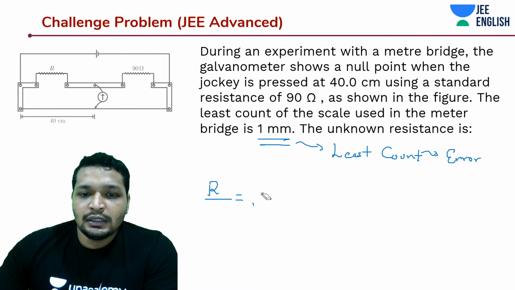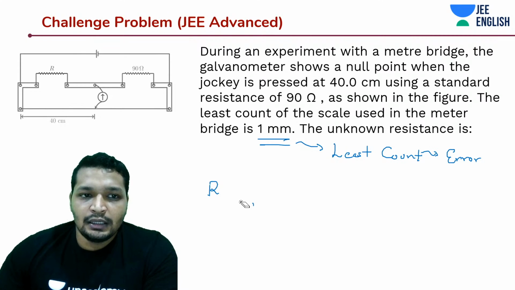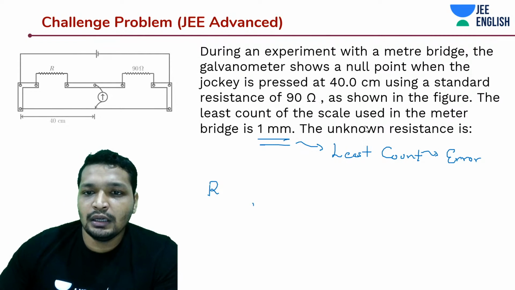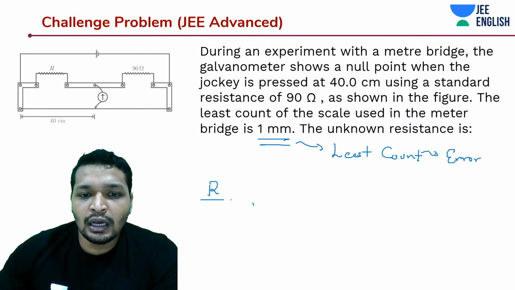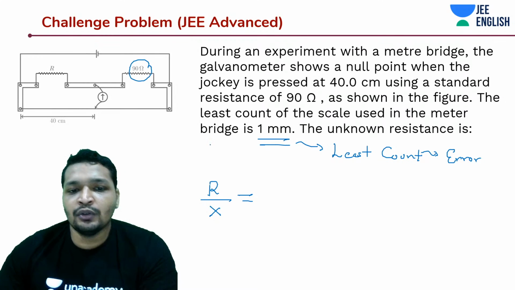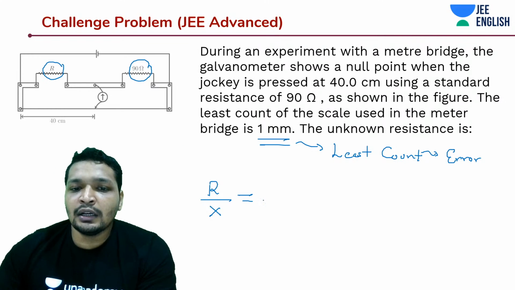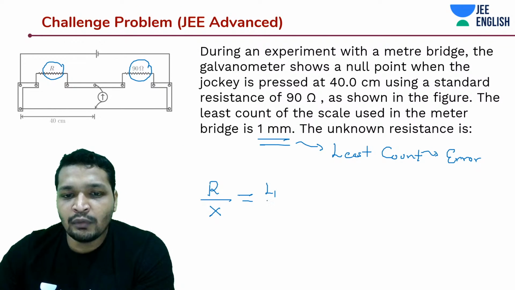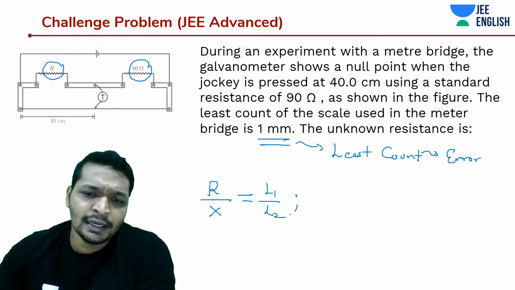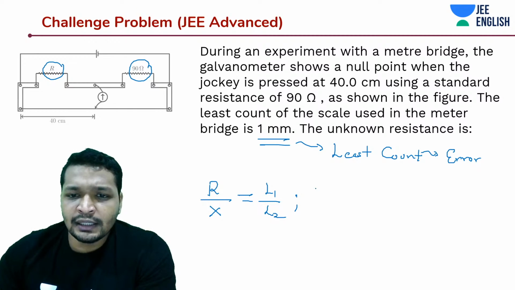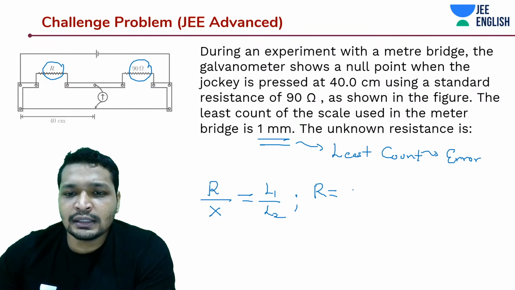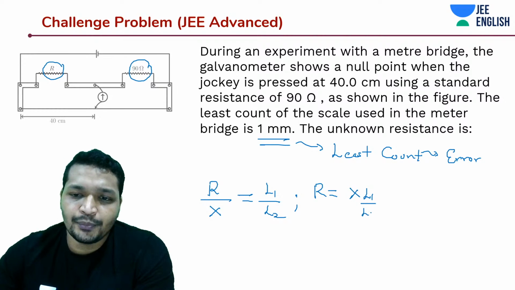But anyway, let's not mix it up and let's write it down. R by X is equal to, X in this case is known, okay? X in this case is 90 ohms. Generally, X is written for unknown, but here we are given R as unknown. So R by X is equal to L1 by L2, right? I can take this X on the other side. That means R is equal to X into L1 by L2.